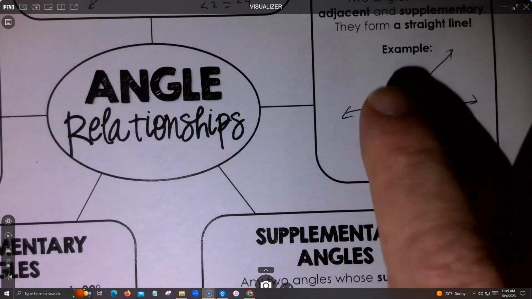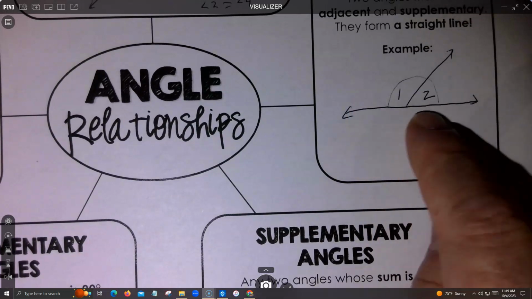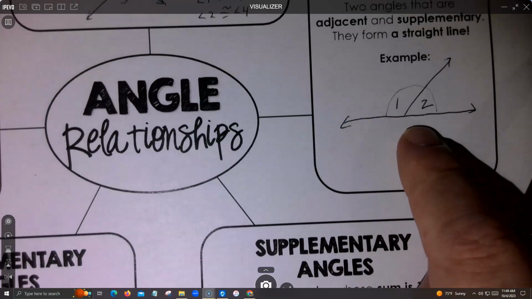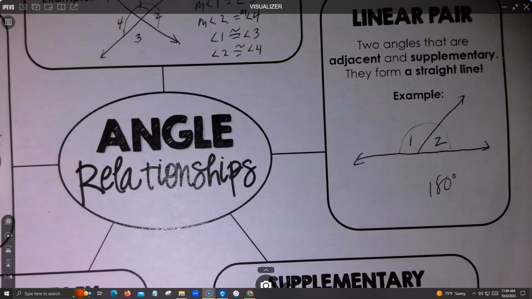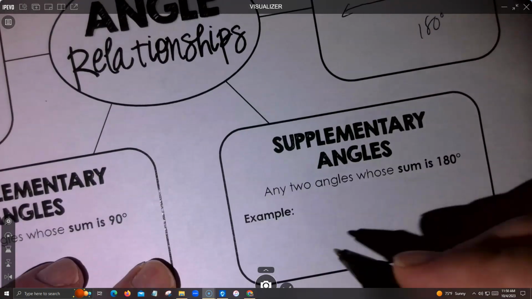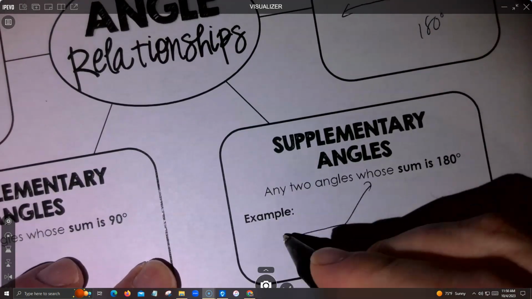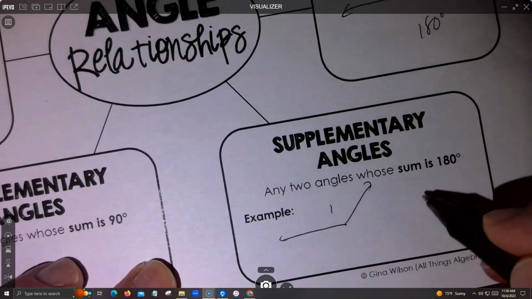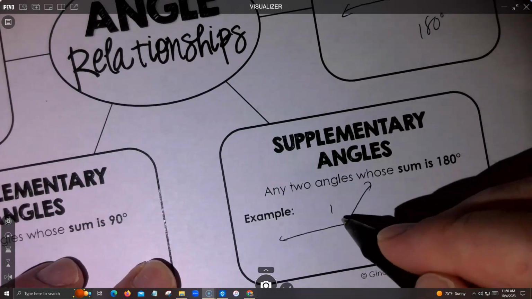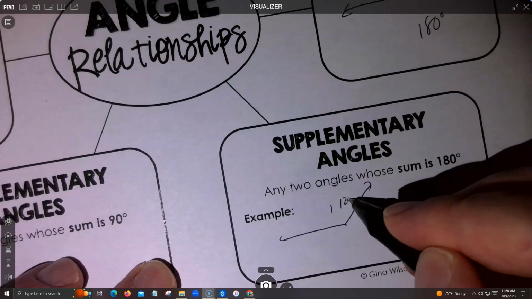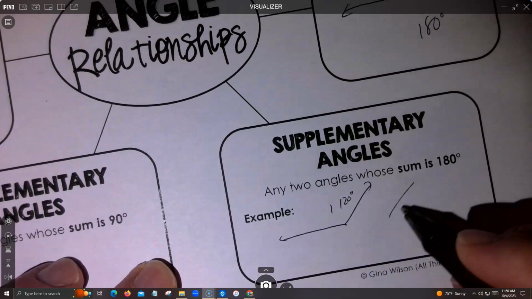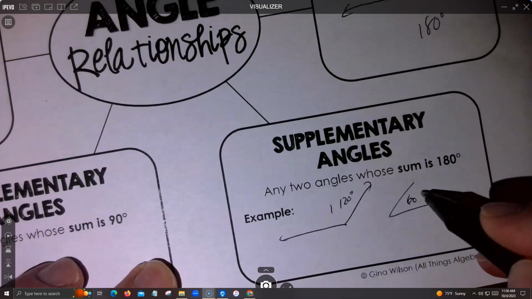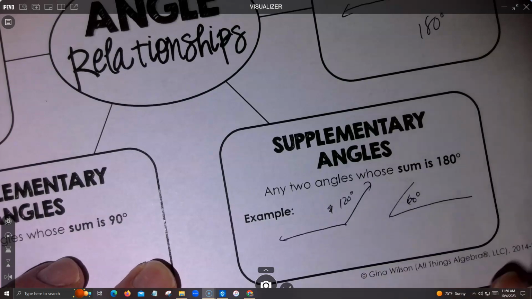They don't have to be glued together like this. This is a special name, called a linear pair. Supplementary can just mean I have one angle over here that's, say, 120 degrees, and another angle over here that's 60 degrees.